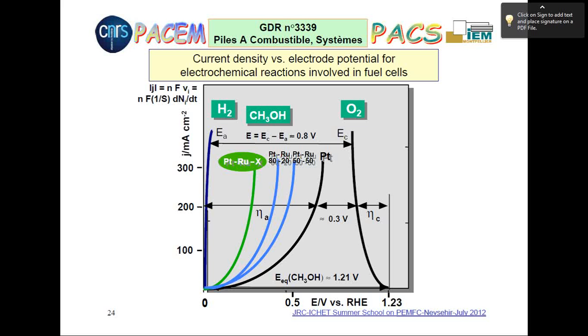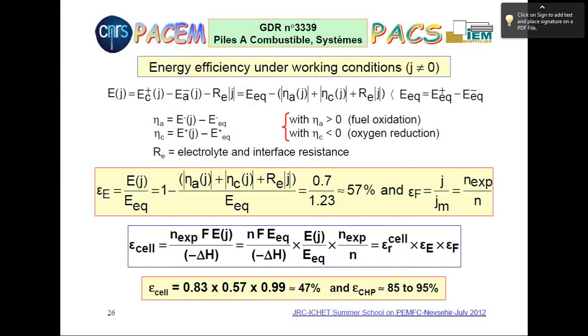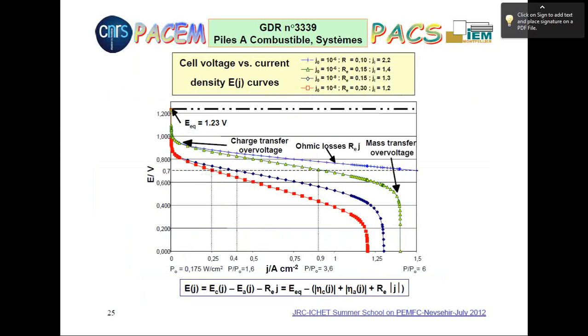So hydrogen is the best reactive species, but the problem is it is a gaseous species. You must have storage, you must have a tank. Methanol or ethanol is very nice to store because it's liquid, but the activity is smaller. Okay, now those are some theoretical curves using this equation.